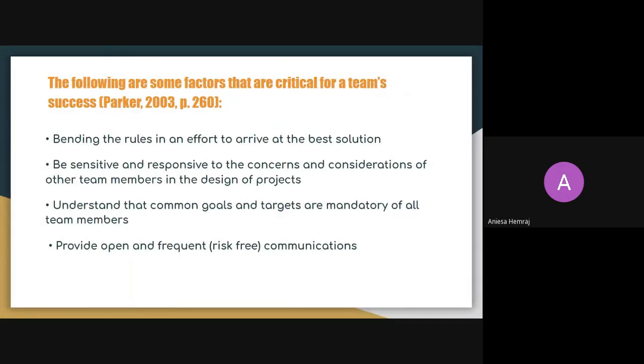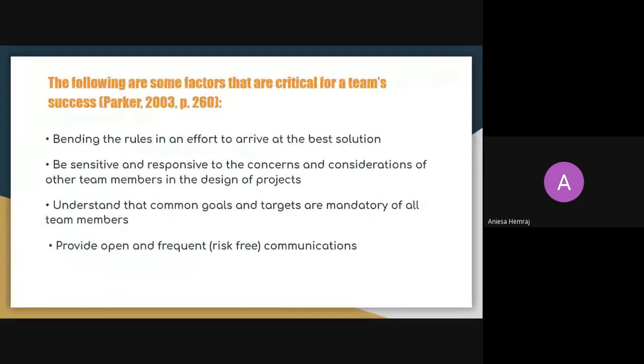The following are some factors that are critical for team success. Bending the rules in an effort to arrive at the best solution. Be sensitive and responsive to the concerns and considerations of other team members in the design of projects. Understand that common goals and targets are mandatory for all team members.